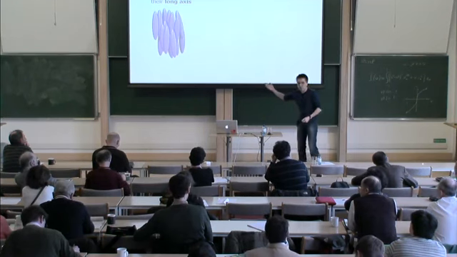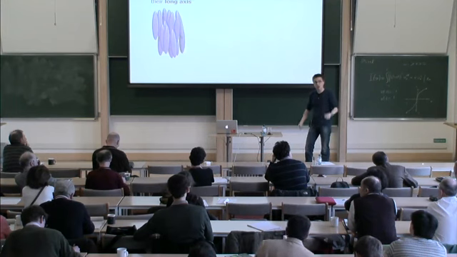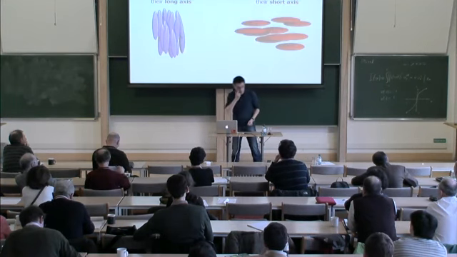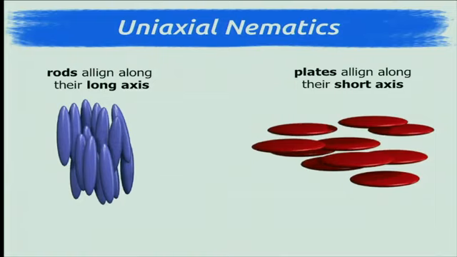We know very well the case of rods, which tend to align their long axis. And we also know from the previous talks the case of plates, in which instead the particles tend to align the short axis. In both cases, the result is a macroscopic phase which is cylindrically symmetric.